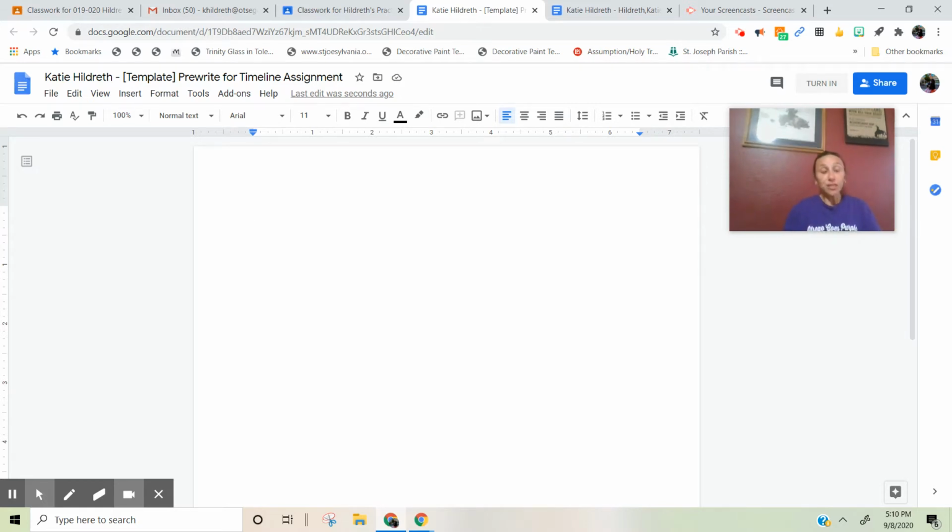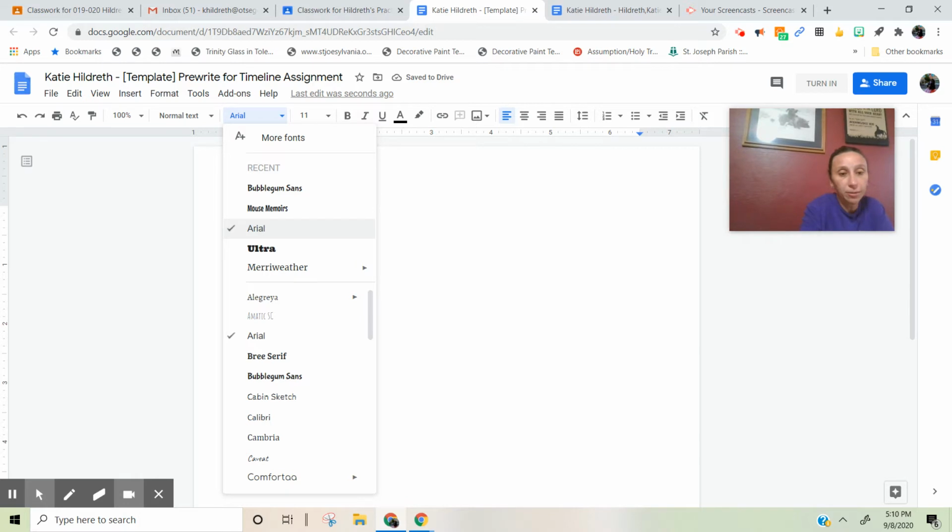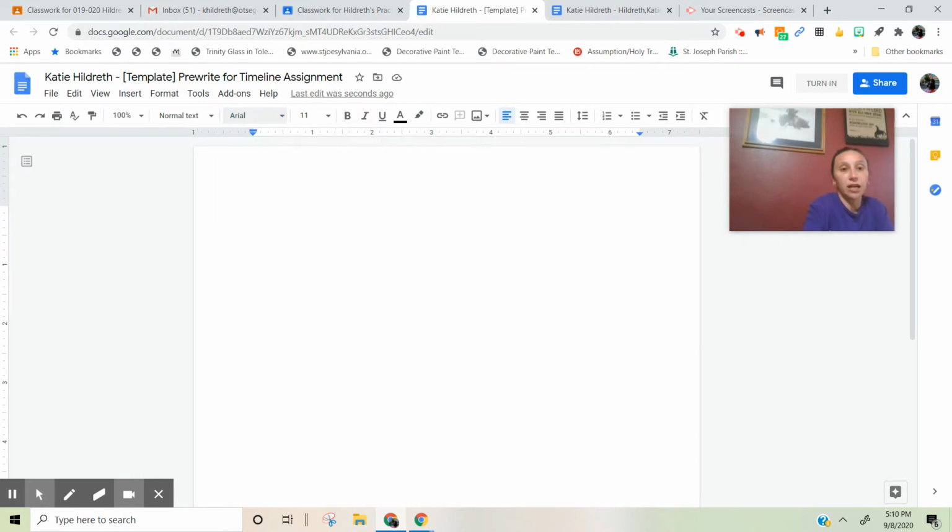So the first thing we're gonna do is I'm gonna keep it with Arial, and I'm gonna make it 12-point font. And I'm going to type, because I said in my directions and on the rubric that you had to have a heading. So my heading is going to be on the left-hand side of the paper.